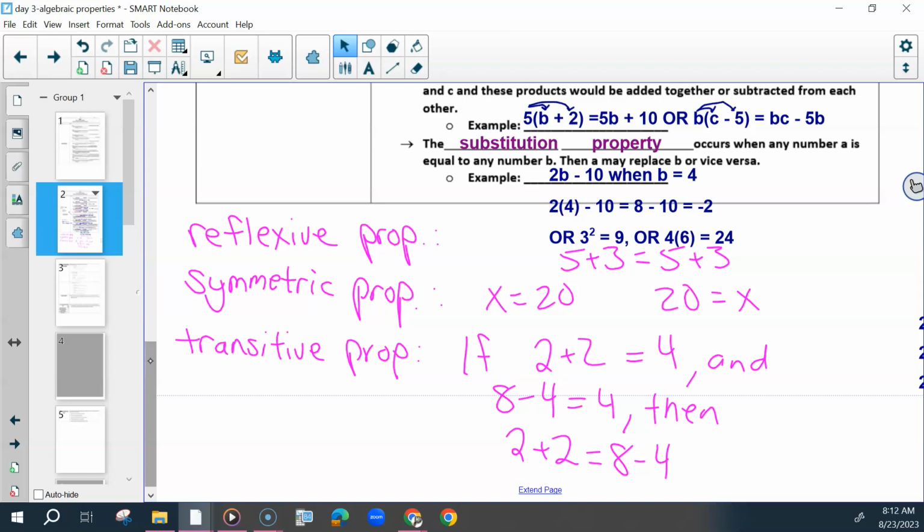Transitive property always has 3 parts. It'll say something like, if 2 plus 2 equals 4, and 8 minus 4 equals 4, then 2 plus 2 equals 8 minus 4. It's really just saying, if this thing equals something, and this thing equals something, then I can take both of those things to be set equal to each other.